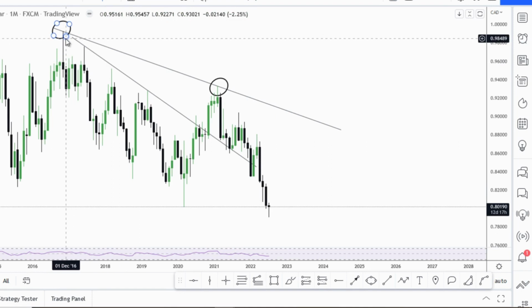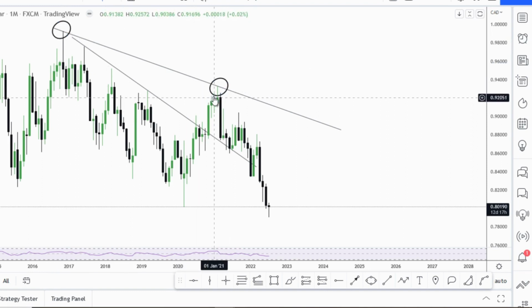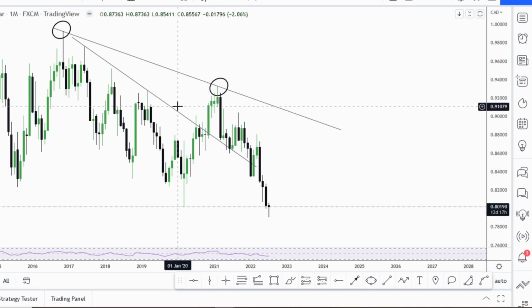But over time, I just decided to use the tip of the wick, and it has worked for me. Because by the time you scale down to the lower time frame, you see that this thing you are calling a wick may actually be a full body candle on a lower time frame.